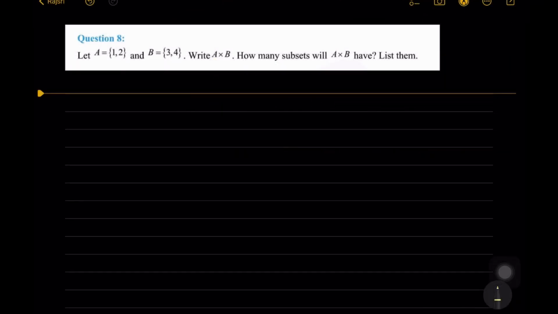So now question 8, let A be equal to {1, 2}, B be equal to {3, 4}, write A cross B. How many subsets will A cross B have? List them. So here in the solution part you have what is given. A is equal to {1, 2} and B is equal to {3, 4}.